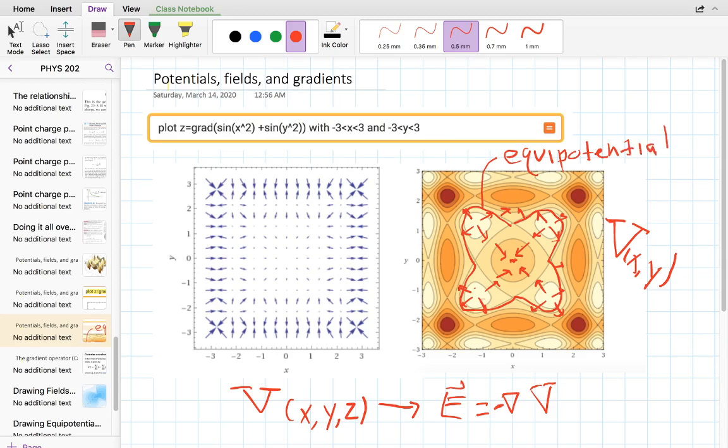If we're in 3 dimensions, these equipotentials are surfaces. So if you draw the equipotentials of a field, the field lines, which are given by the negative gradient of that potential, are always perpendicular to them.